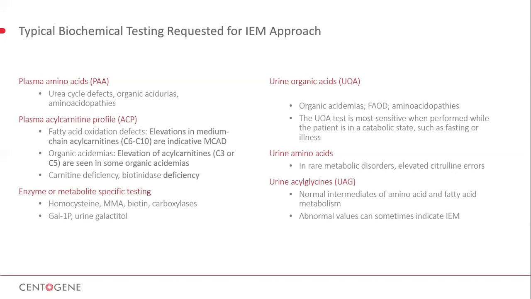And whenever we are suspecting and we have a better clue about the type of disorder we're facing, there are some other biochemical tests more directed to discriminate between the different metabolic disorders. Some commonly used are plasma amino acids, the profile of plasma acylcarnitines, and also the determination of organic acids in urine.